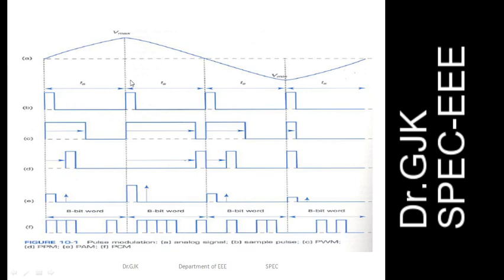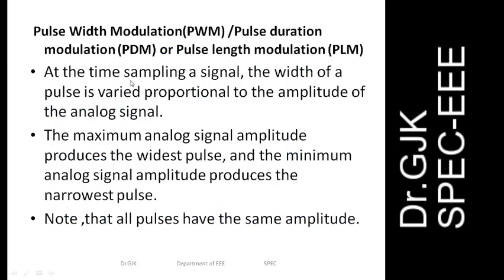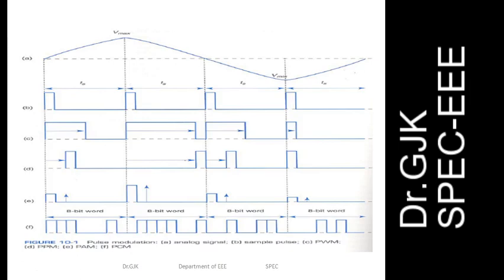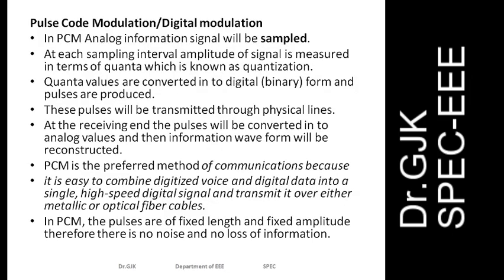Next one is pulse frequency modulation. In pulse frequency modulation, the frequency of pulses will be changed in proportion to the amplitude of the information signal. Then coming to pulse code modulation. This pulse code modulation is also known as digital modulation.